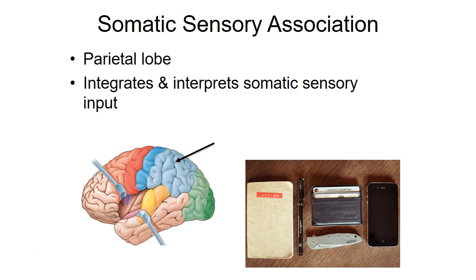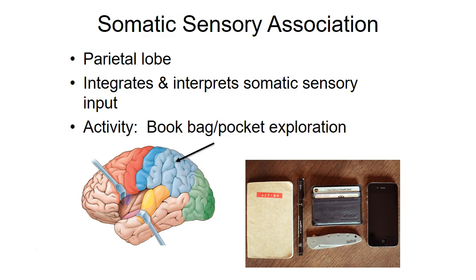So it integrates and interprets the somatic sensory input. When you do this, that sensory information goes to the primary area, then is routed to the sensory association area, both of which are located in the parietal lobe.